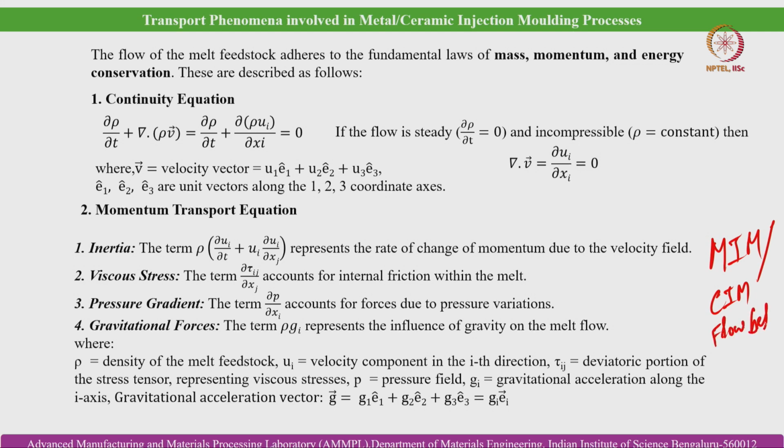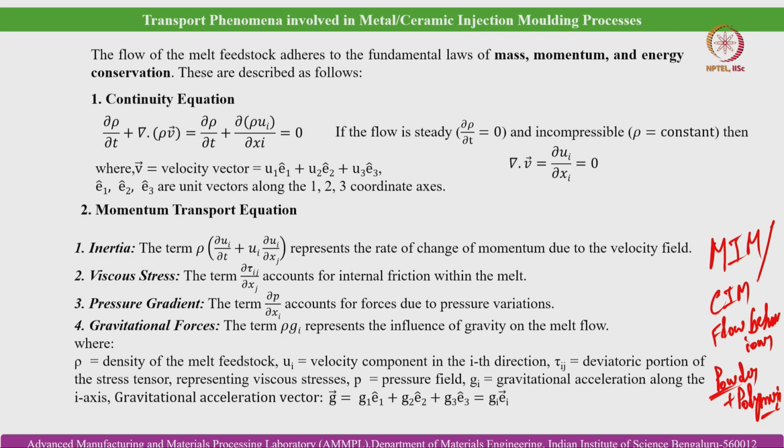Feedstock is nothing but the slurry of the powder, which can be metal or ceramic, and the binder, that means the polymeric binder system, which is responsible for providing the necessary flowability to the discrete powder particles, so that they can fill the complex contour die cavity of the targeted component that needs to be developed by the MIM or CIM route.